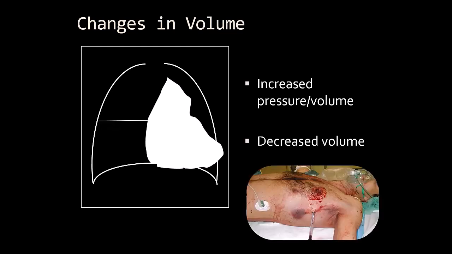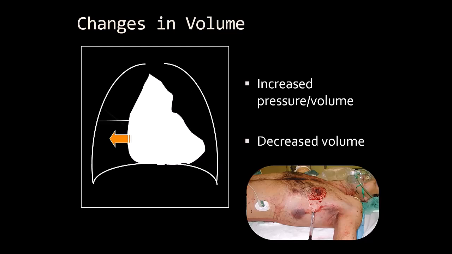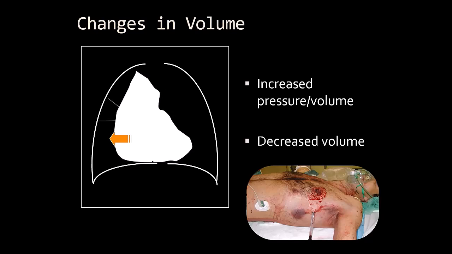By putting a chest tube in and releasing the air, the pressure is released and the lungs return back to normal. We can see if the organs were shifted to the right lung, we would have had a left-sided pneumothorax.